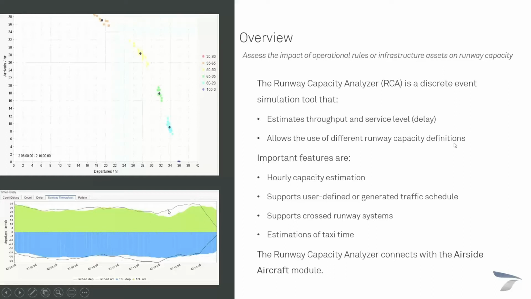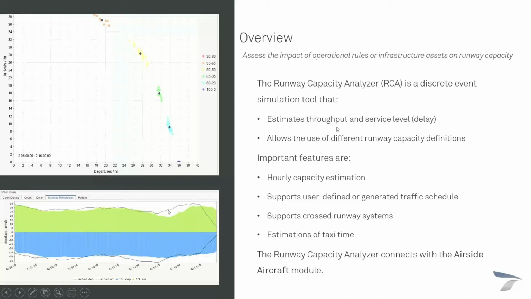Okay, if you don't want to have a delay of more than so many minutes, how many aircraft can you handle in 1 hour? So those are two definitions of capacity that are used in the industry, and this module supports both of them. So you don't have to make any compromises. You can use whichever one you want at any time.